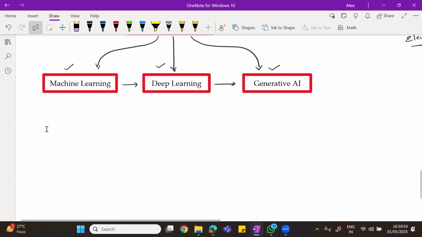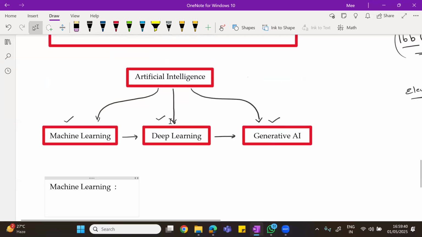Okay. Now, quickly see about machine learning. Machine learning is again a part of artificial intelligence.